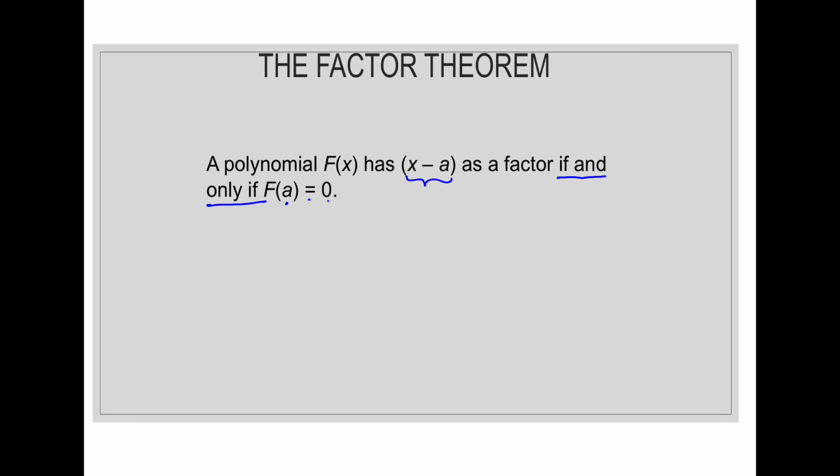But then we can also say, because it says if and only if, that if f of a is equal to 0, so in other words, if I plug a into my function and I get 0 as a result, so meaning a is a 0 of that function, then x minus a will be a factor of f of x. So this function, which is represented with a polynomial, has this as a factor if the value of a, when plugged into the function, gives me 0.